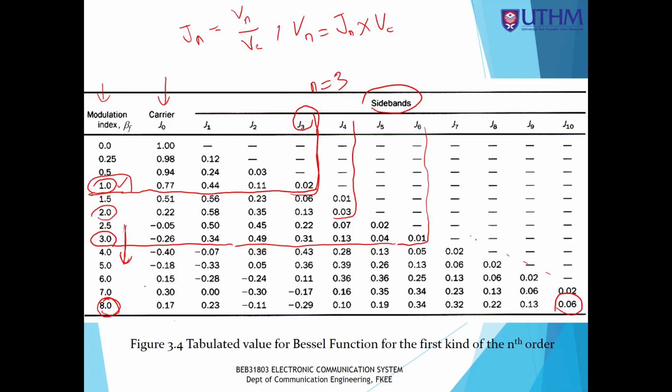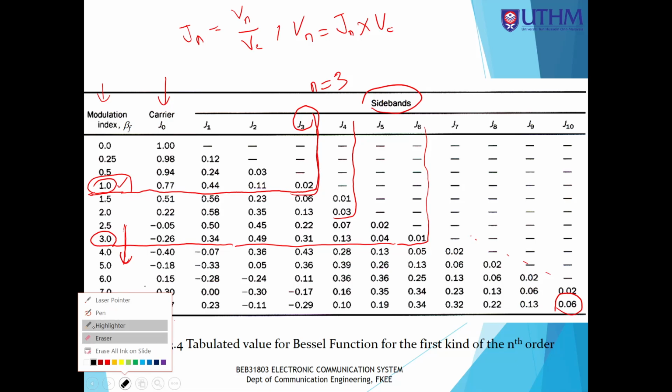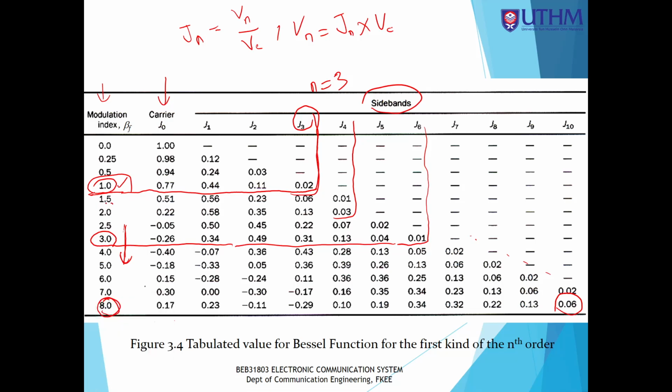So beta equal to 2, we're gonna have up to 4 pairs of sideband. That means n equal to 4.